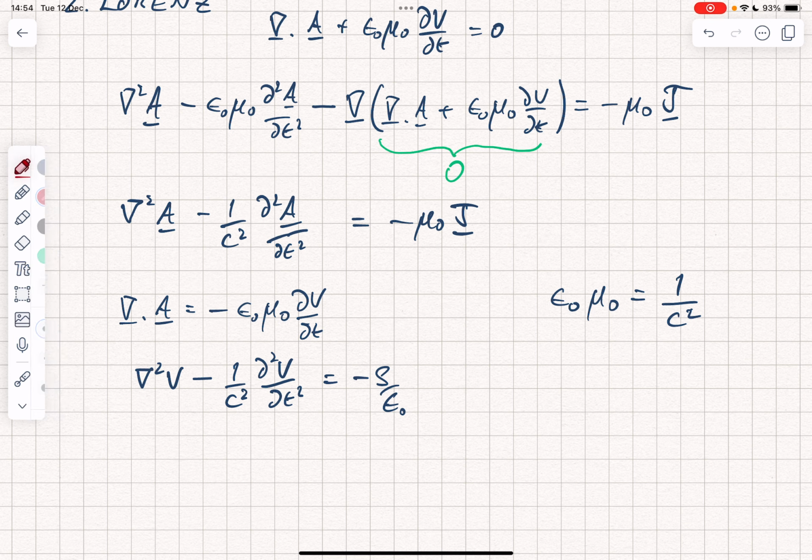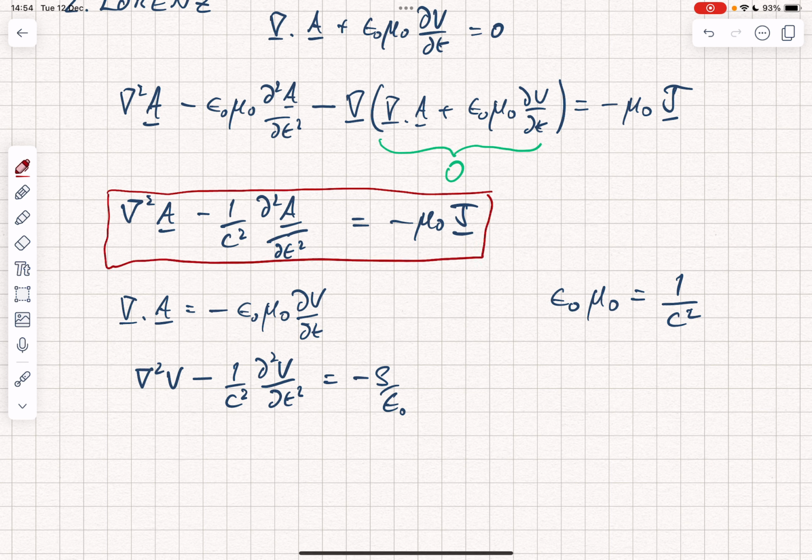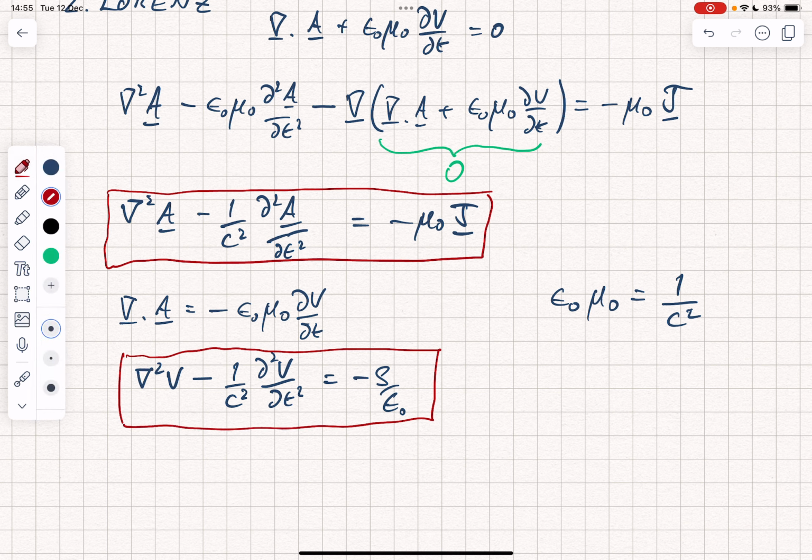These two equations are key. They are the wave equations for the potentials in terms of the charge density and the current density. Notice that they are of very similar form. They will be important when we think about relativity, and I will derive them more fully in the next lecture. But this is why we choose the Lorenz gauge: it makes the solution of these problems significantly simpler.